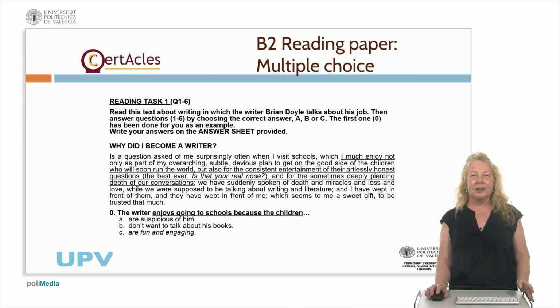It's also a good idea to write the number of the question next to it. Now read it carefully. So why does a writer enjoy going to schools? Think about your answer to the question.